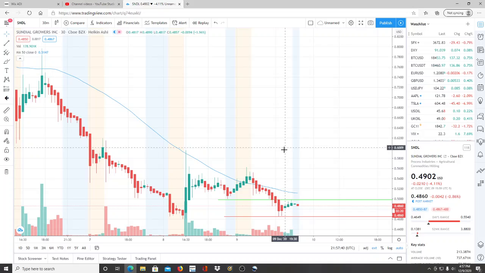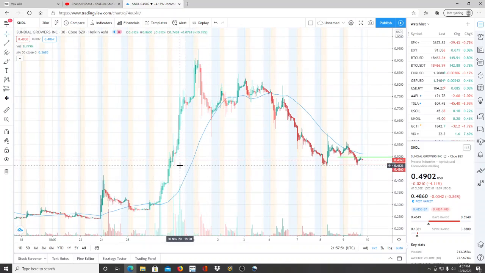So we have our resistance and support there. We have the 50-day moving average. We have the highest point before the fall, which is probably one of the most important numbers right now. And if 46 cents gets broken through, what would be the next support? Well, I would say it's right before that run again here at 38.94. You can write that down if you'd like.